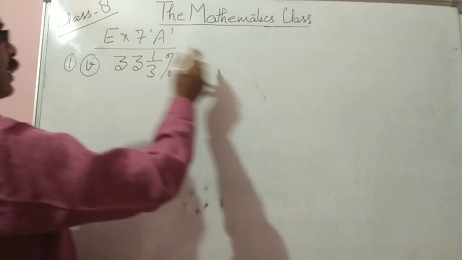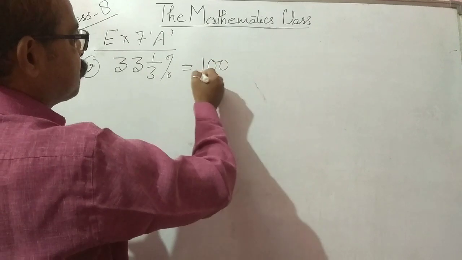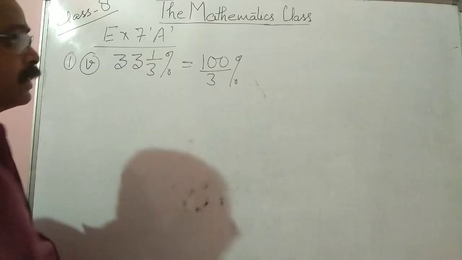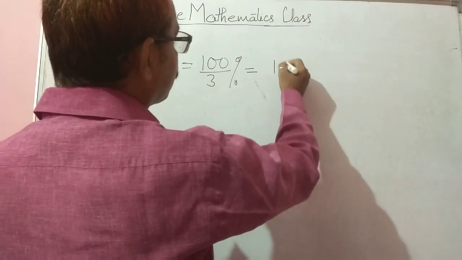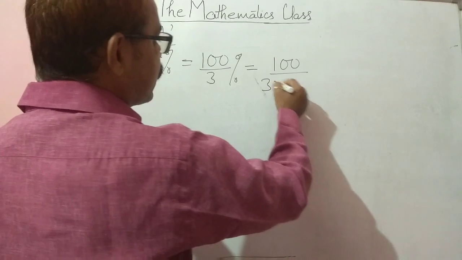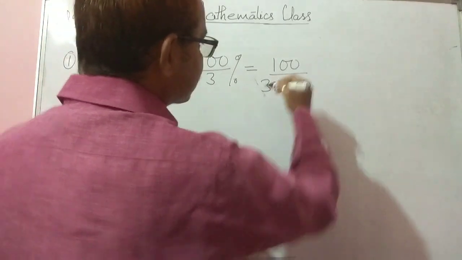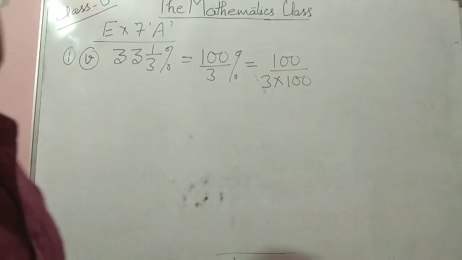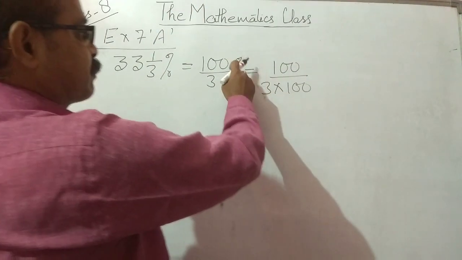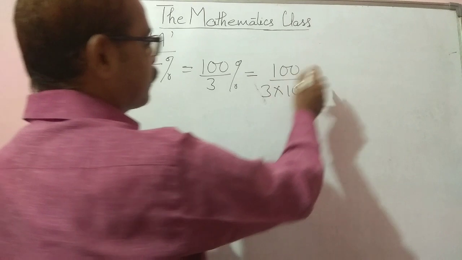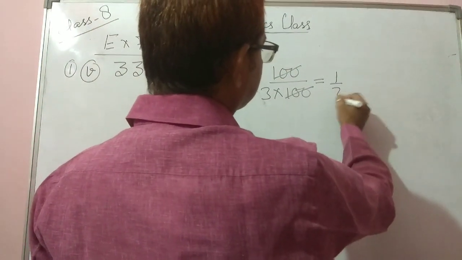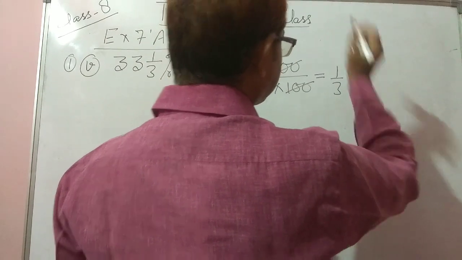So 99 and 1, 100 upon 3%. When you write it in the fraction form, it will be 100 upon 3 and the percent sign is removed, and we write the number as a fraction with denominator 100. So now this and this cancelled. You got 1 upon 3 as fraction.